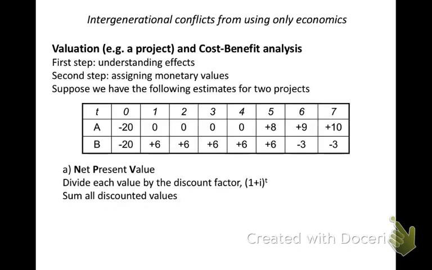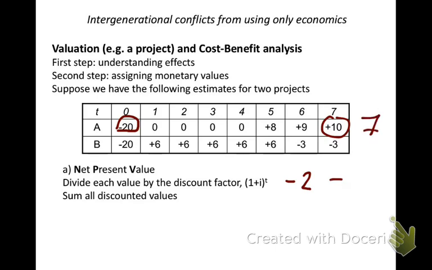For the first project, you have minus 20 plus 10, which is minus 10, plus 8, which is minus 2, plus 9, which is 7.